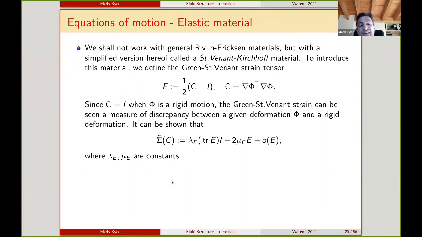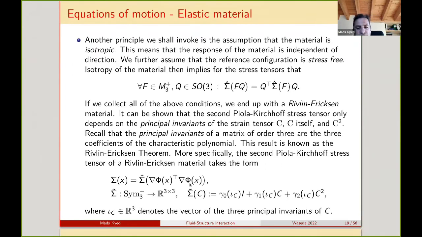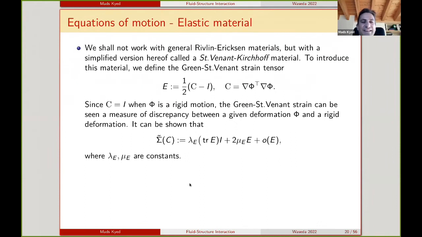One simplified type is called the Saint Venant-Kirchhoff material. Actually, I just said something that's not true. I said that the coefficients, the gamma, but those are not just any coefficients. Those are coefficients that depend on the principal invariants. Now, I take that back. That was true.